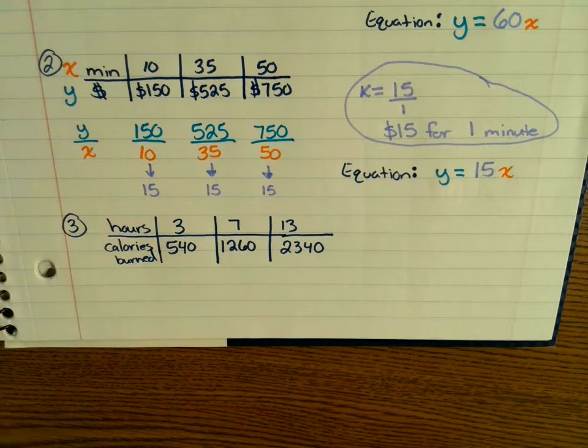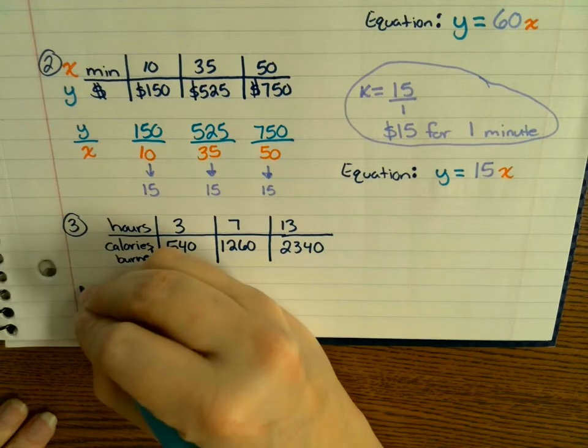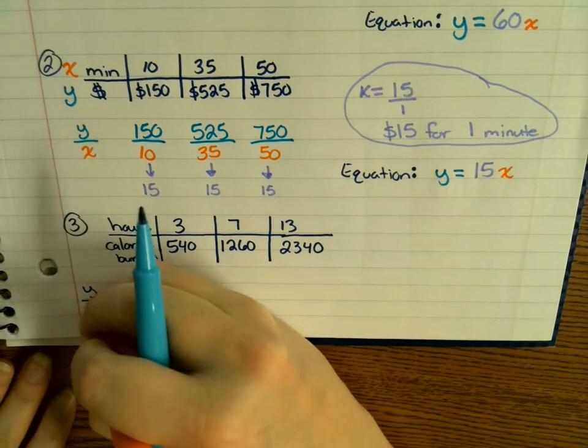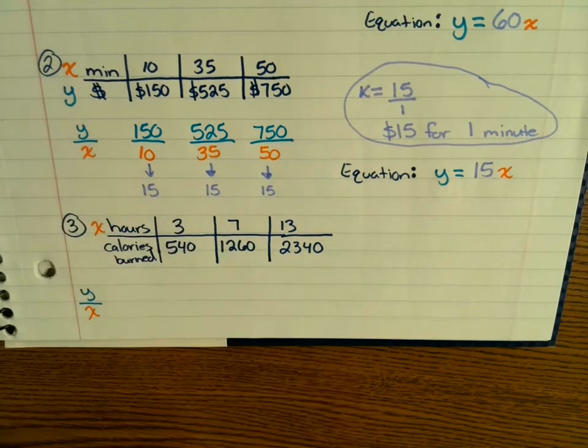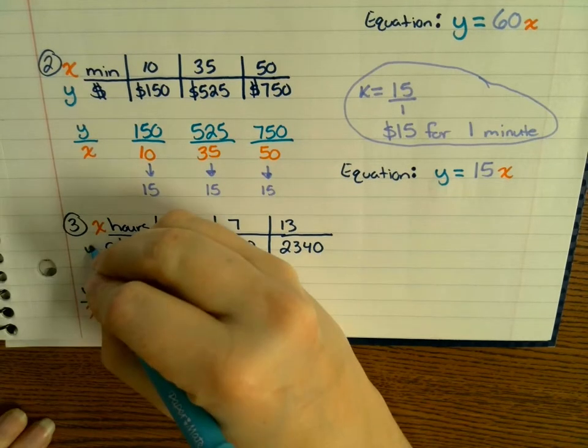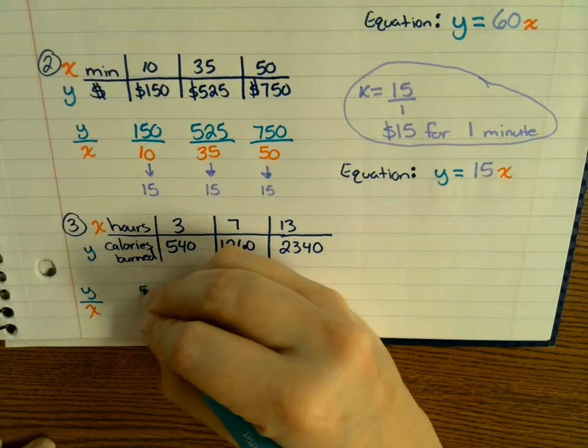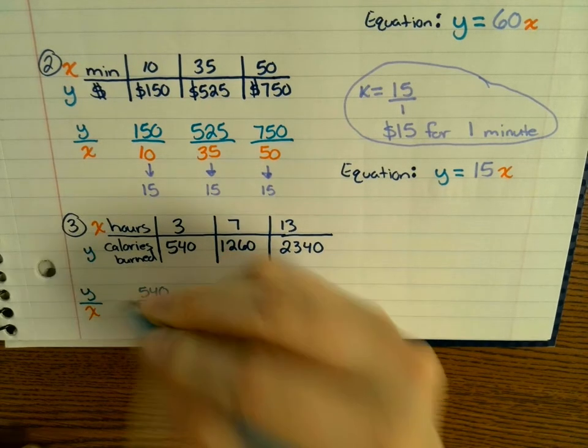All right, Nick, why don't you tell me what is the k factor? 180. Very good. So when we set this up, again, we're going to set it up as y over x. X is going to be representing our hours. The calories burned is going to represent the y. So we can set this up as 540 over 3.